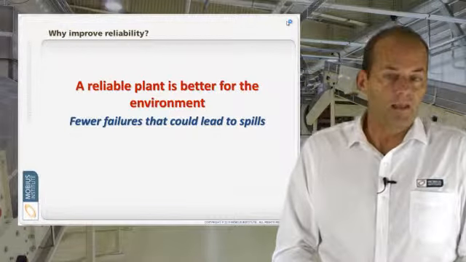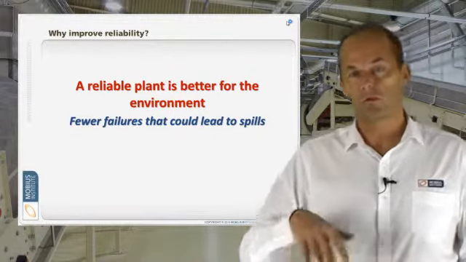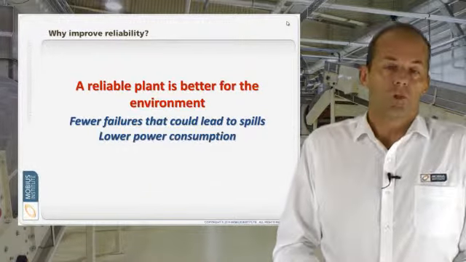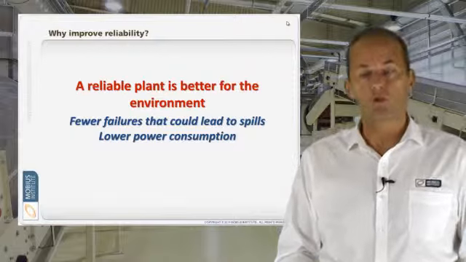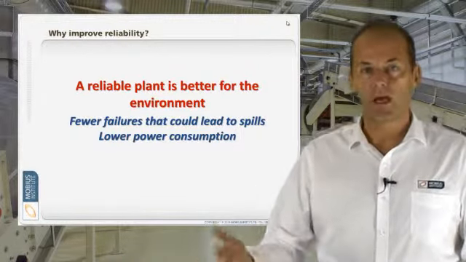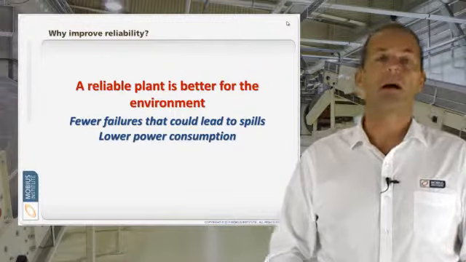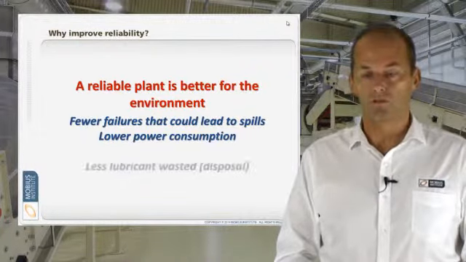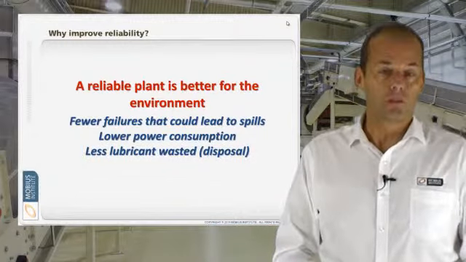There's fewer failures that could lead to spills or toxic release or whatever. A more reliable plant will consume less power. Machines that are properly aligned, properly lubricated and so on will consume less power, and hopefully there'll be more of an emphasis on buying energy efficient motors and so on. Less lubricant is wasted.